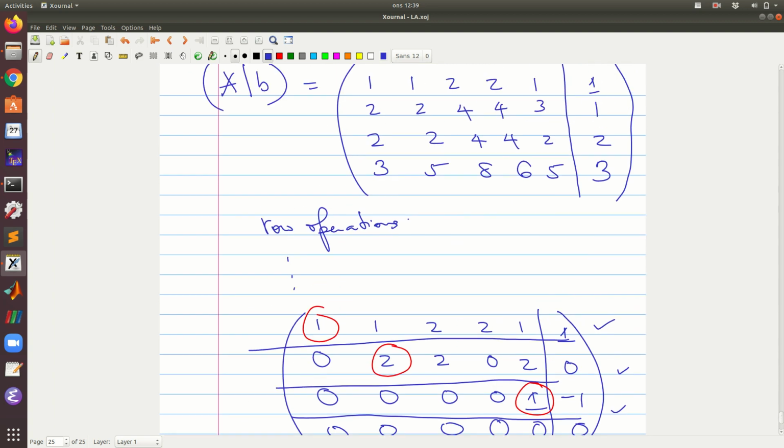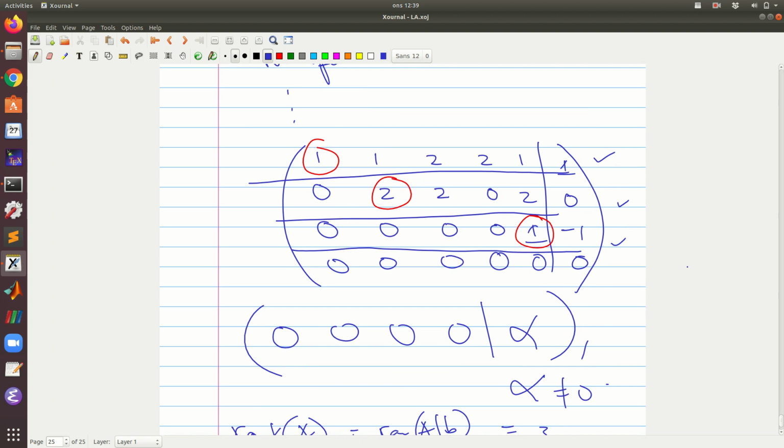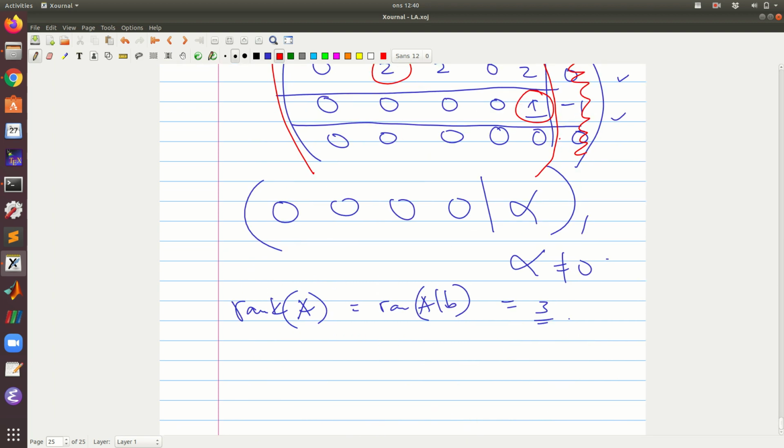Even if you had deleted this column here, you would still find that the rank would be 3, and even if we add it again, the rank of the augmented system is still 3. So indeed this system here is consistent.